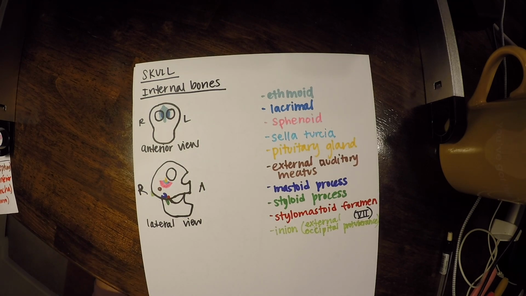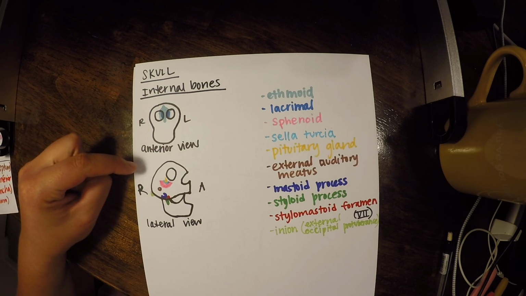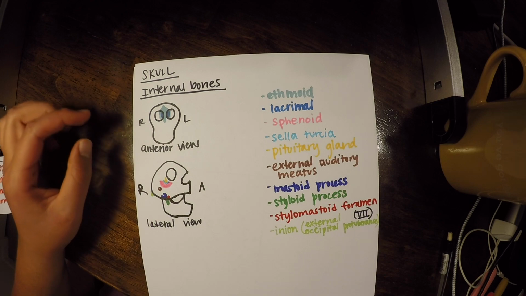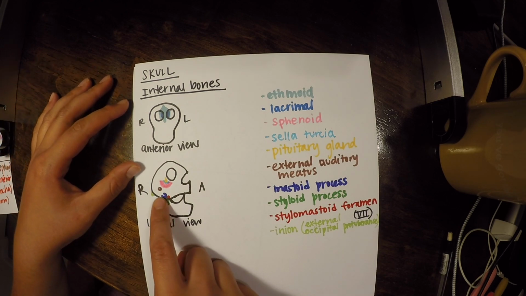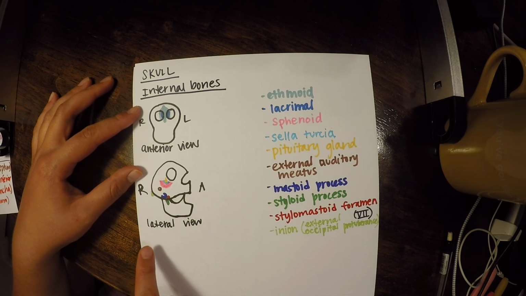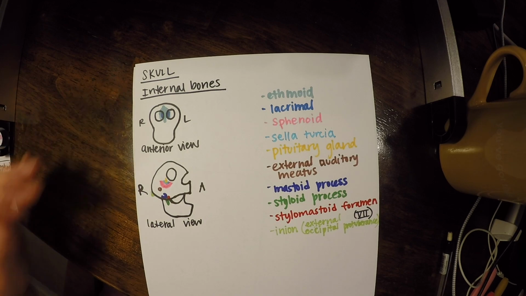All right, so we covered some internal bones, the ethmoid, lacrimal, the sphenoid that has the sella turcica with the pituitary gland sitting on it. And then we also covered some things that we can see externally in this lateral view, like the external auditory meatus, these two processes, the foramen, and then the inion.